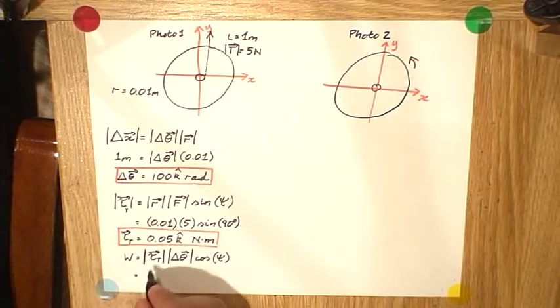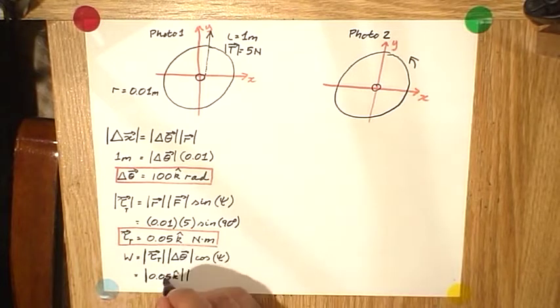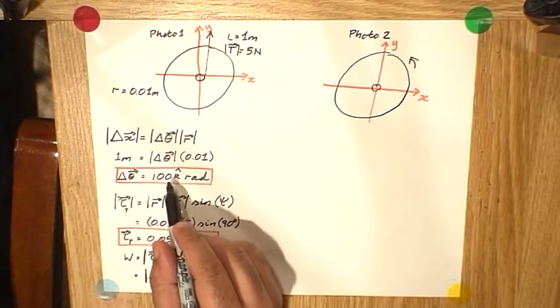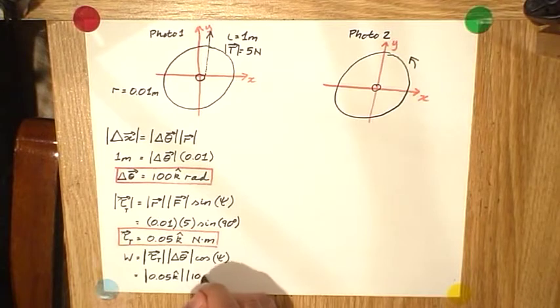So the size of the torque was 0.05 and it was pointed in k hat. That's the torque. The displacement was 100 k hat.